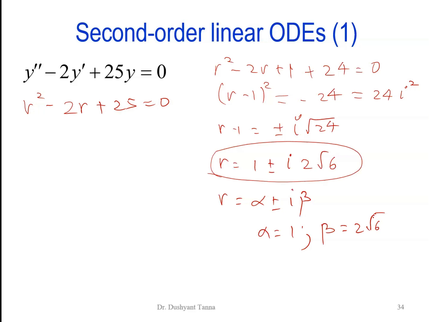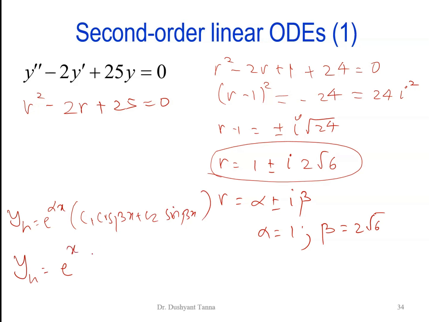You should realize 96 is 16 times 6, and that's 4 root 6 and simplify. Right, so once I got my alpha and beta, I can simply have my y is e raised to alpha x. If you want, I can write here e raised to alpha x, c1 cos beta x, c2 sine beta x.